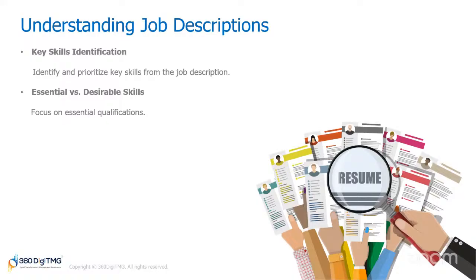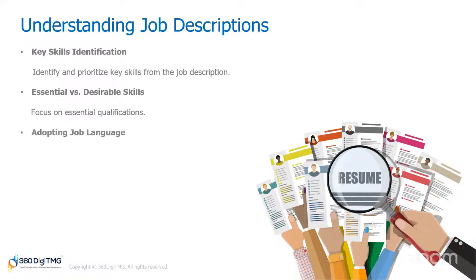Before clicking on the apply button, we go through that JD. We understand what that JD is all about, what skills they're looking for, what the roles and responsibilities are, everything. And based on that, we prepare our resume.